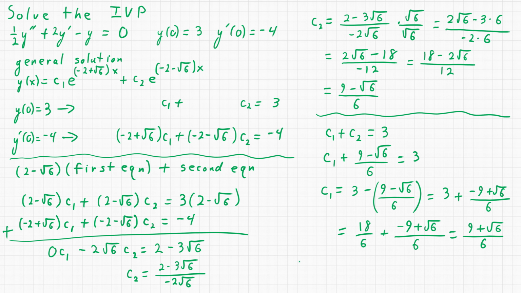All right, so then the solution to this initial value problem, not the general solution, ends up being y of x equals, I think I'll be able to fit it all.